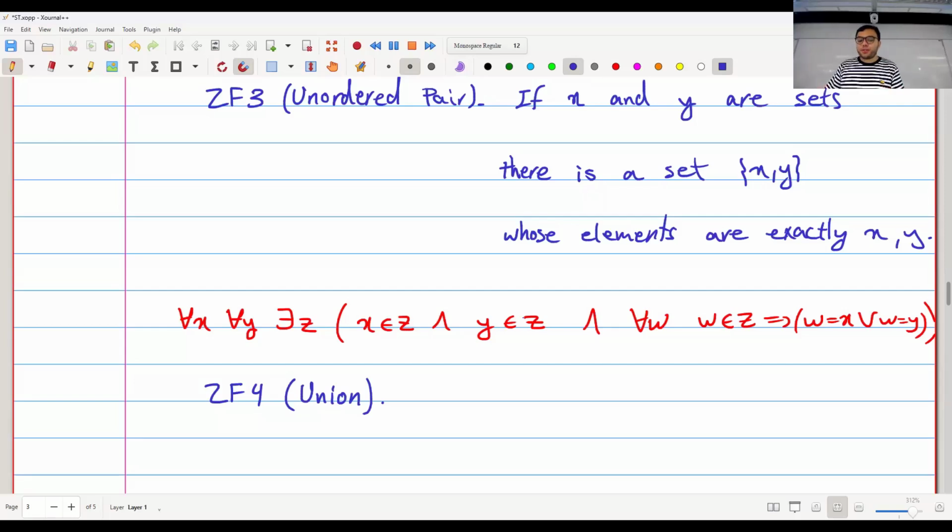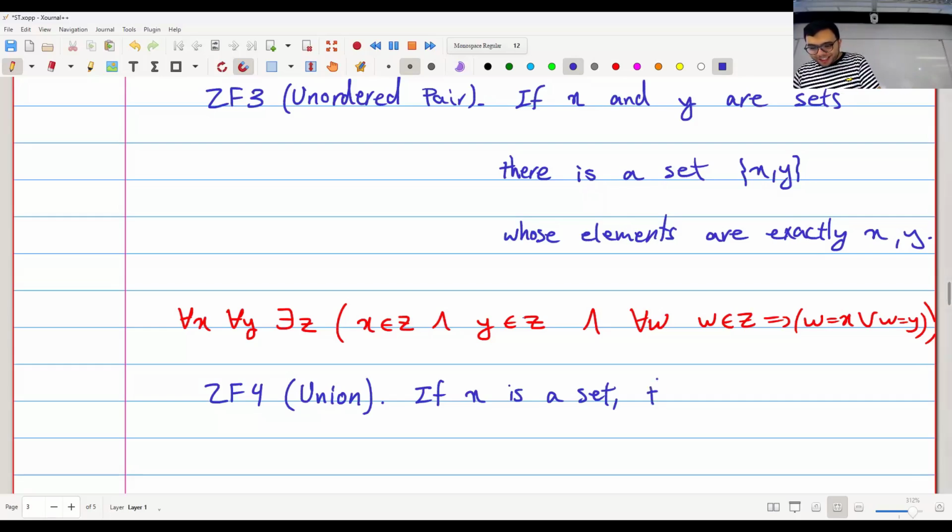But again, I'm not going to use the language of infinity here because I haven't defined it yet. So what I'm going to say is this. I'm going to say if X is a set, then there is a set consisting of all the elements of X. And I didn't stutter. That's literally what I'm saying.